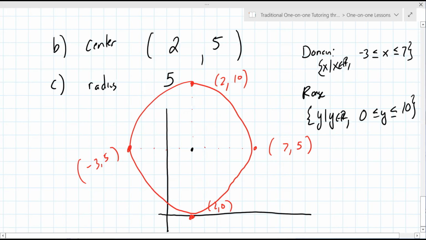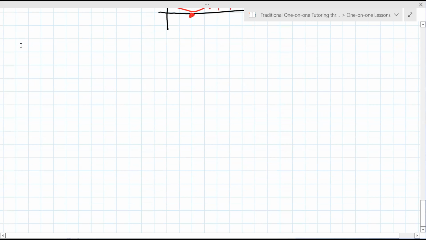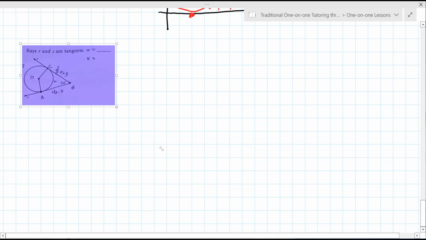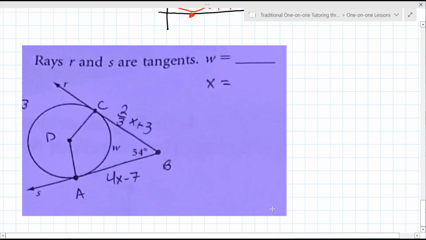Is it okay if we redo these problems, or do you want me to find ones like this? I'm fine with redoing these exact problems. Hopefully I didn't write too much on them. That's okay.